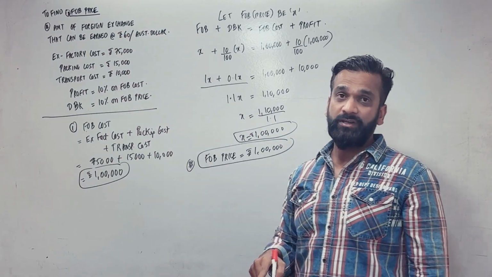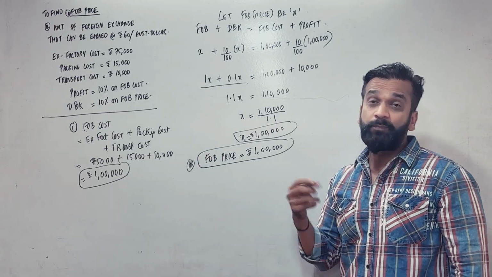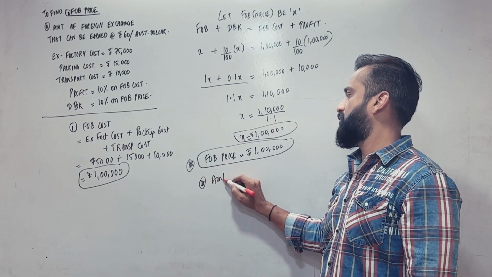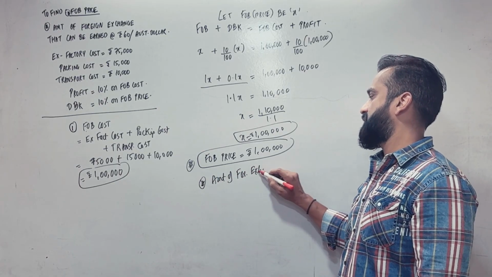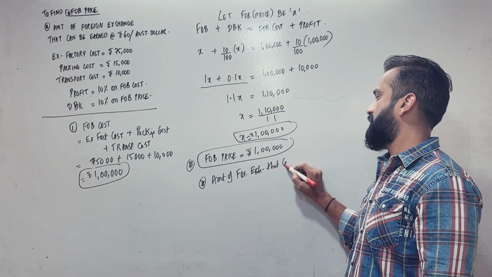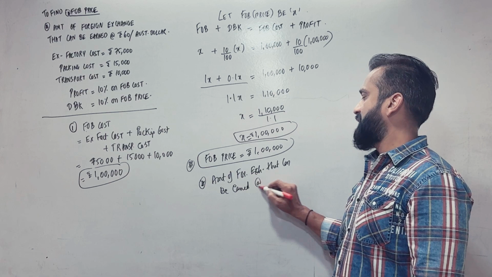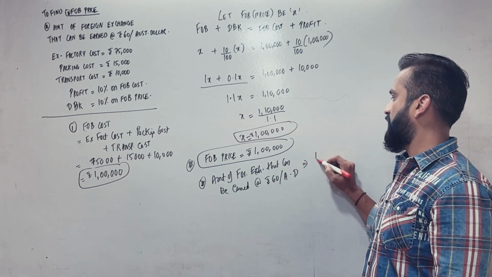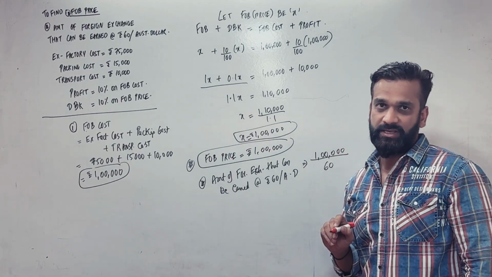The second question they are asking is the amount of foreign exchange that can be earned at rupees 60 per Australian dollar. Therefore, I will write amount of foreign exchange that can be earned at the rate rupees 60 per Australian dollar. It will be 1 lakh rupees divided by, what is the rate? 60.